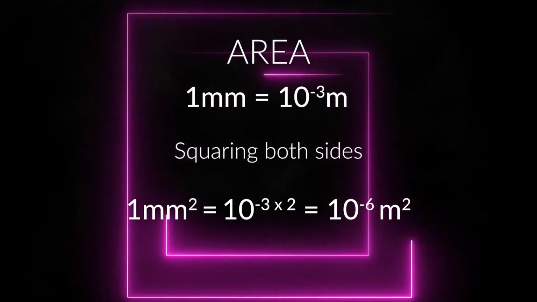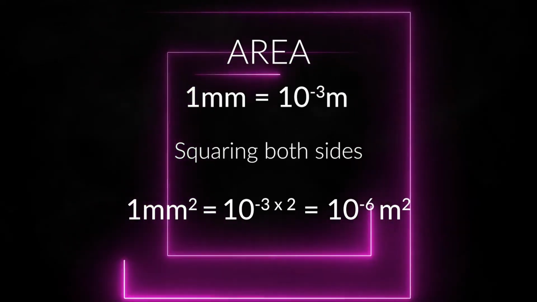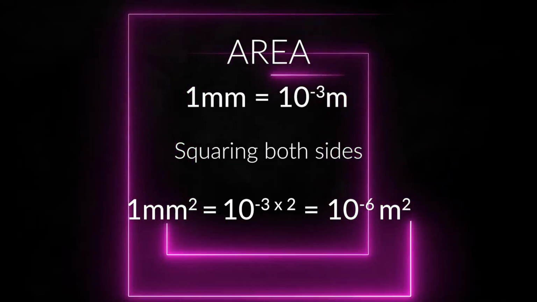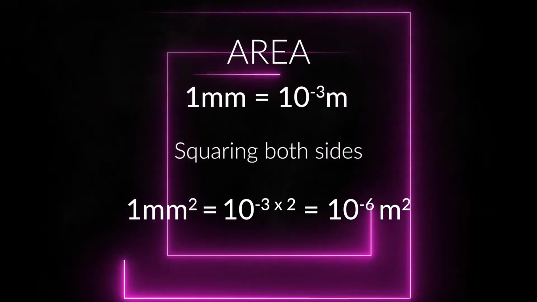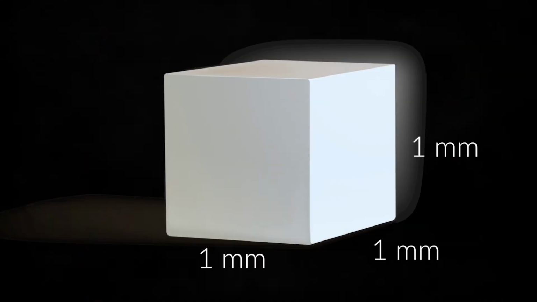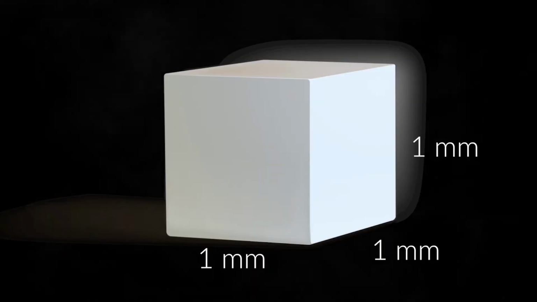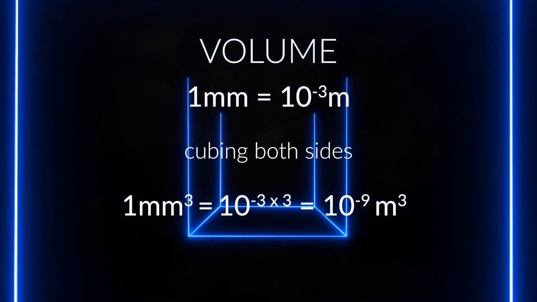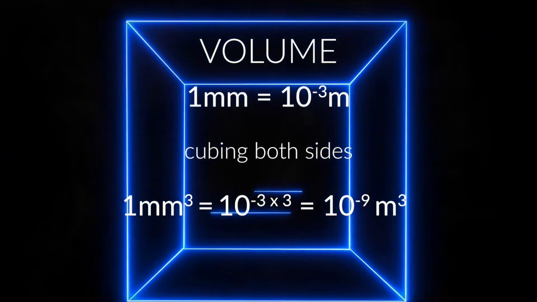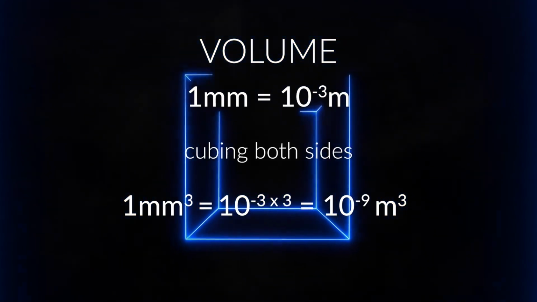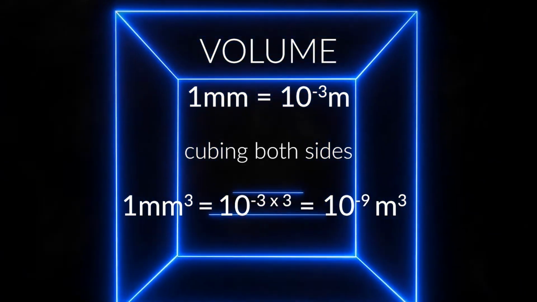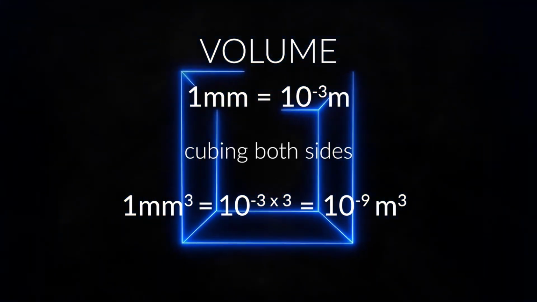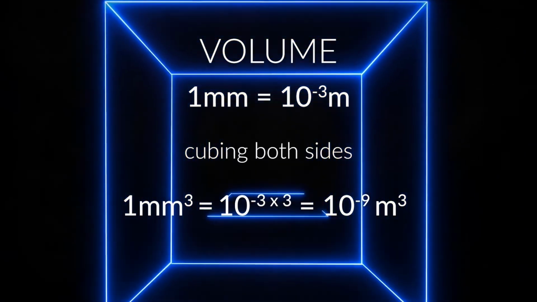Then I also have the square. So minus 3 into 2 gives me minus 6. So I end up with 10 to the minus 6 meters square. And similarly, if I have 1 millimeter cube for volume, then I have 10 to the minus 3 converting the millimeter into the meter, and then I also have 3 times because it's cubed, so 10 to the minus 3 into 3 gives me 10 to the minus 9 meters cubed.